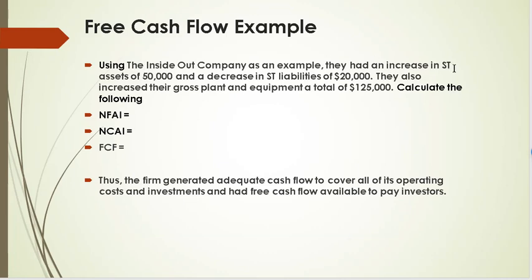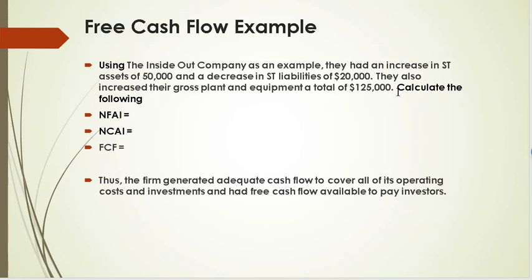So again, using this company, right? They had an increase in short-term assets of 50,000 and a decrease in short-term liabilities of 20,000. So what is the change in current assets? 50,000 minus 20. So NCAI, the net change in current asset investment, is $30,000. They also increased their gross plant and equipment by $125,000.